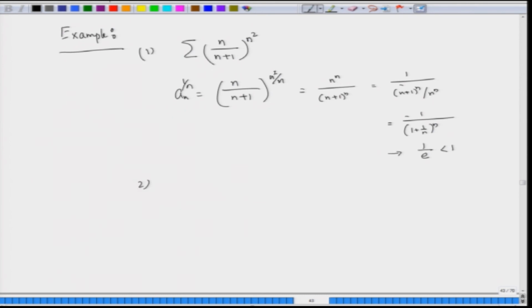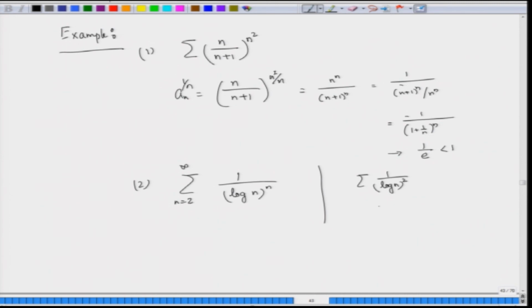Now, what happens to the series summation for n equal to 2 to infinity of 1 over (log n) to the power n? Whether this series converges or diverges? Before that, let us just look at the series 1 over (log n) squared. Does this series converge?